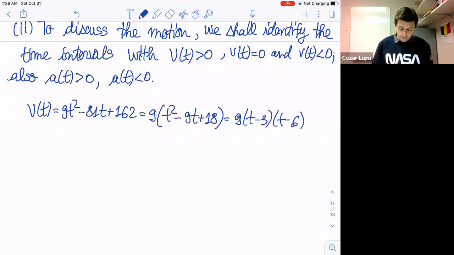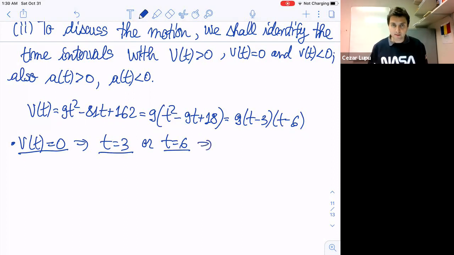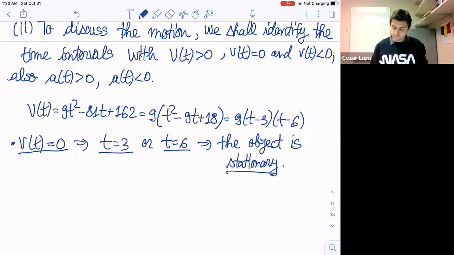And now we have that v of t is 0, and this happens when t equals 3 or t equals 6. So when t equals 3 or t equals 6, the object is stationary. Right? That's the word.